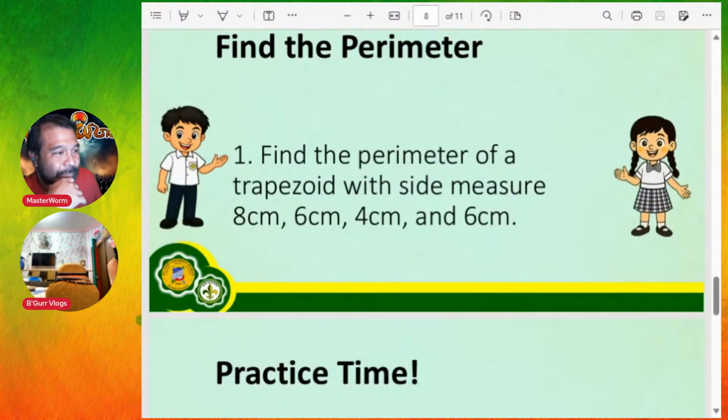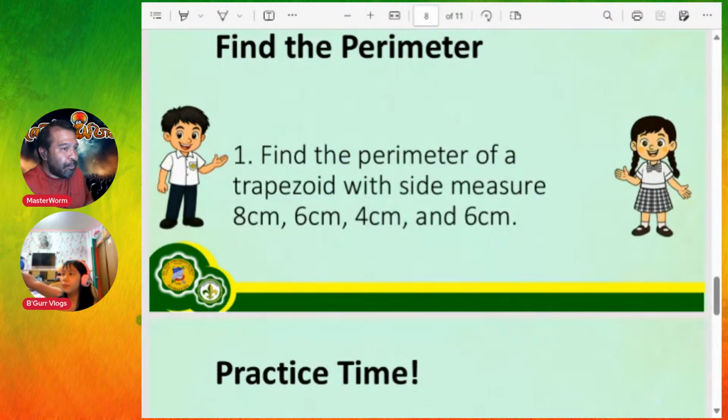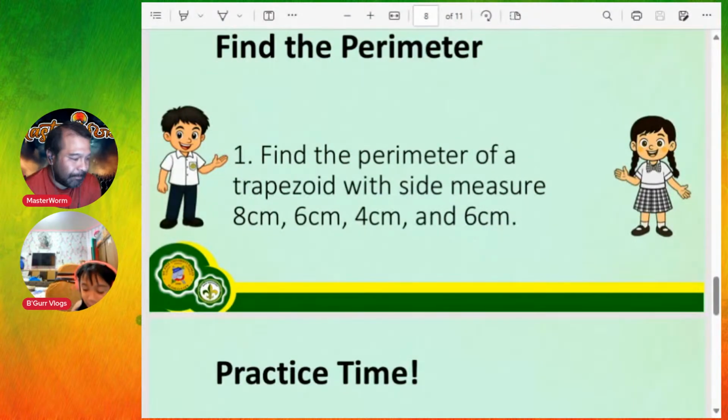When you find the perimeter, all you have to do is add everything. Later on, we'll answer your exam.